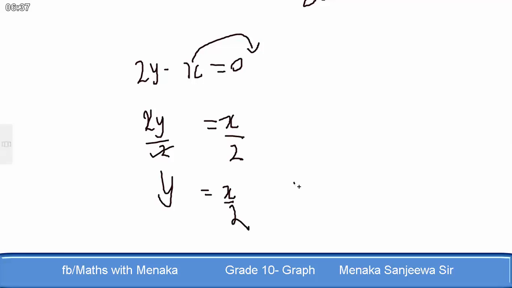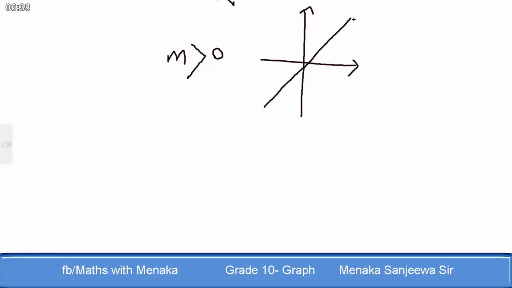So you can write it as y equal half x. So what's the gradient here? Half. And the line is going through the origin. There is no intercept here. 0 is the intercept. Understood?